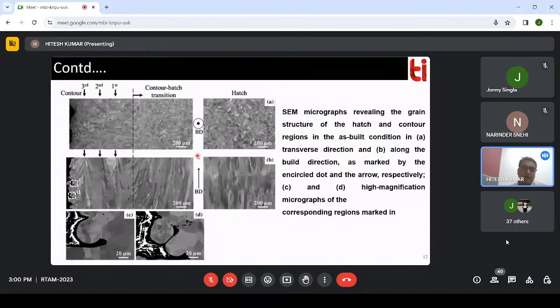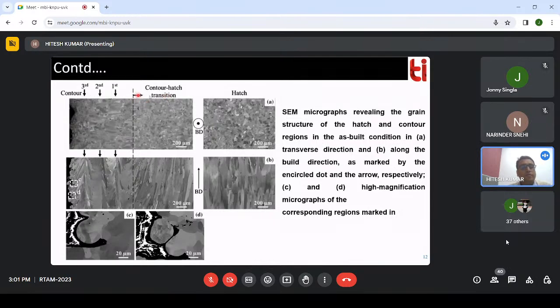So first, when we got this material, we thought let's see the microstructure of the material with the help of SEM, scanning electron microscopy. The grain structure, if you can see, in the contour direction there is a small amount of columnar growth, and some fine grain structure is also visible.